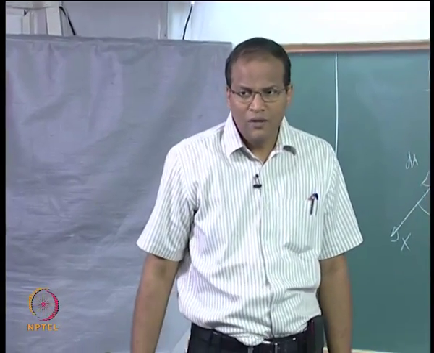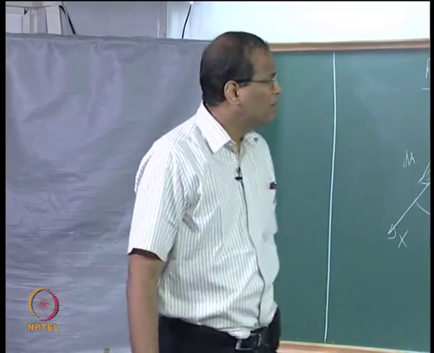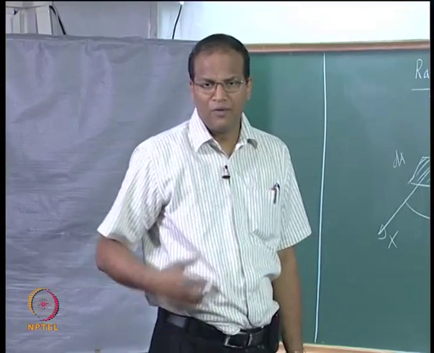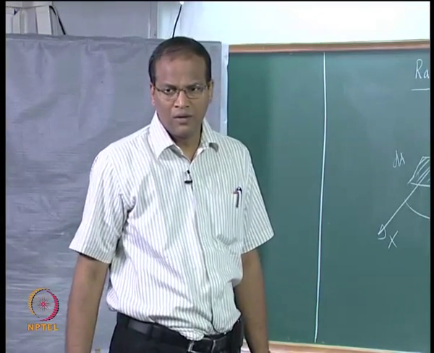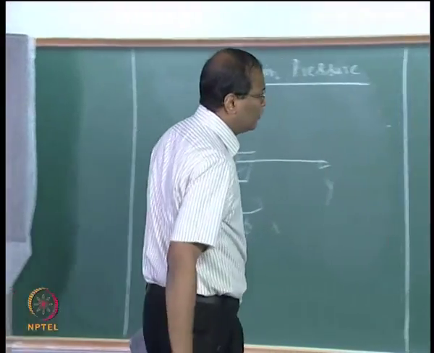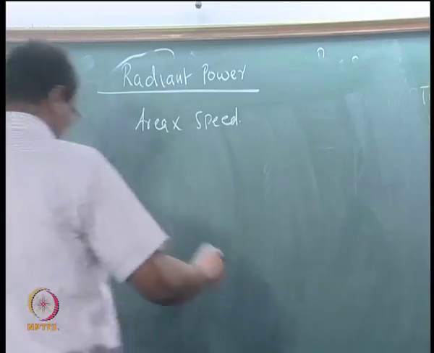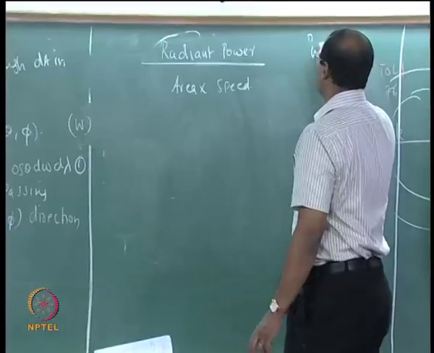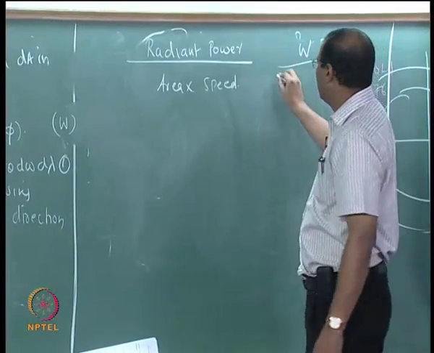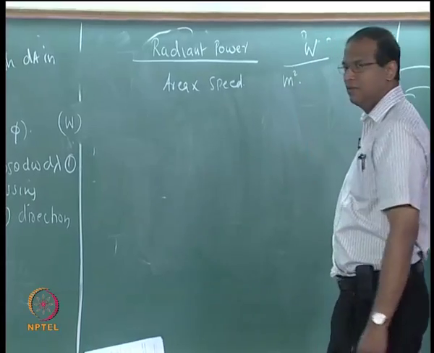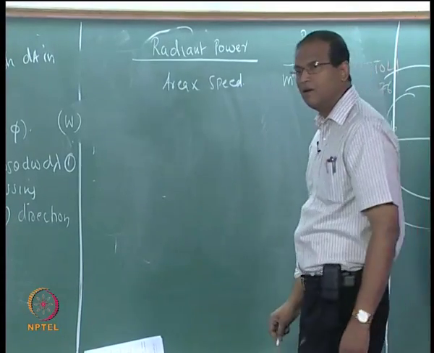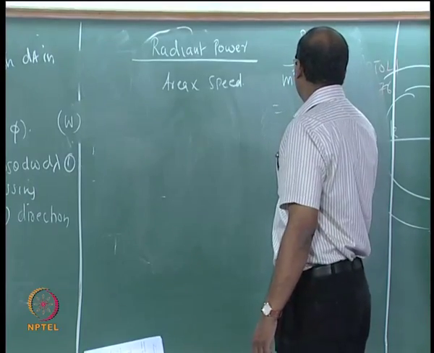What is the unit of this? Meter cube per second. Power is in watts, so watt per meter squared, meter per second. What is the watt second? Joules per meter cube.